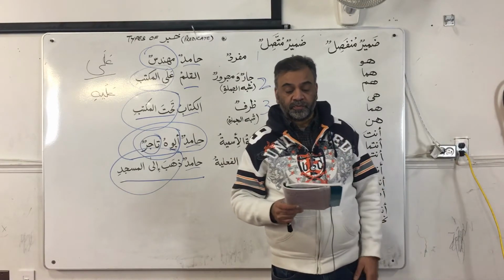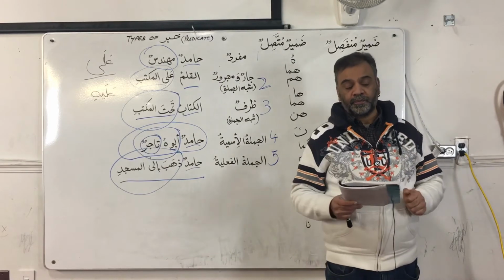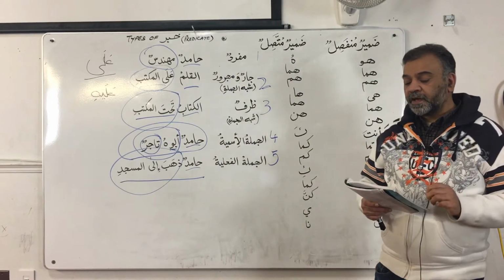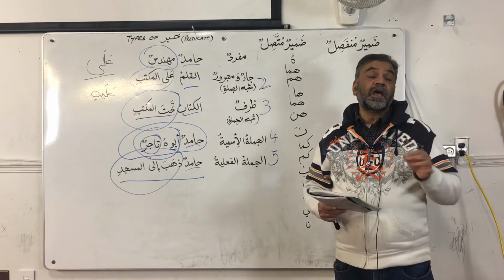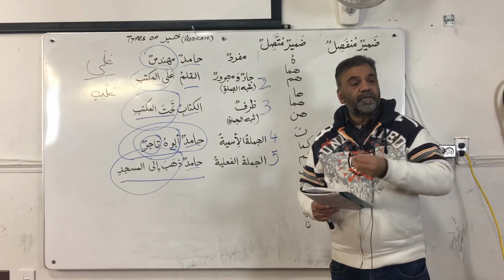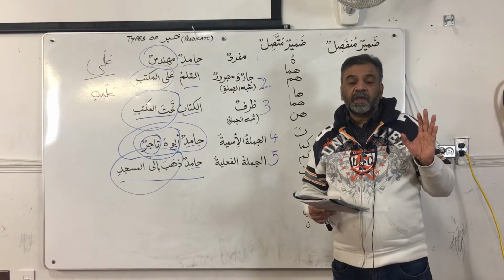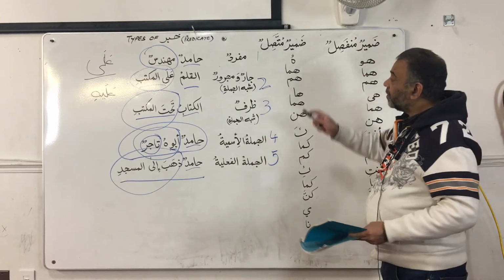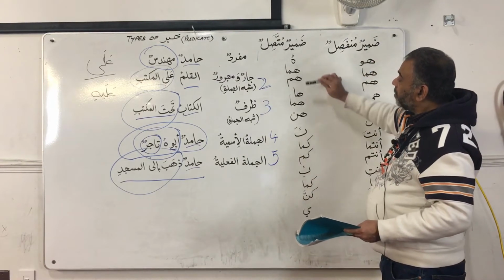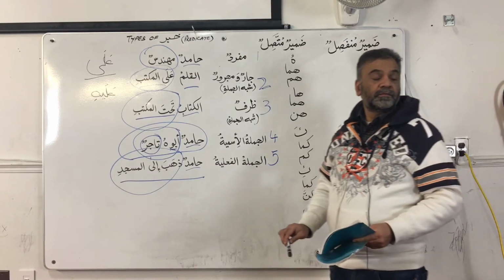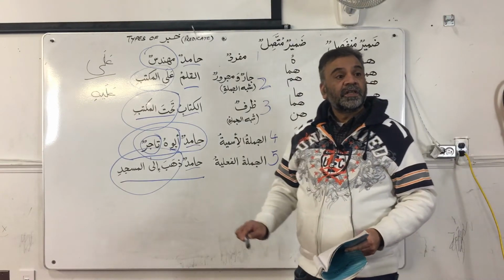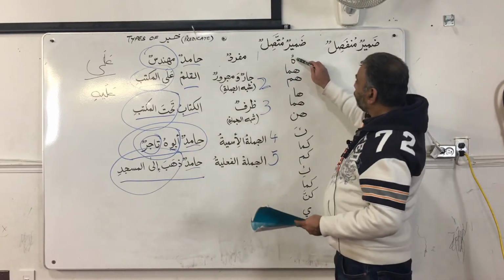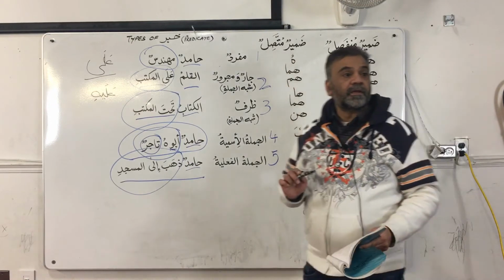Exercise number 2, put in the blank what follows, the damir, hu or ha. Now, this is a very easy exercise. Here Dr. Saab is trying to teach us the usage of damir muttasil hu and ha, third person, singular, masculine and feminine.